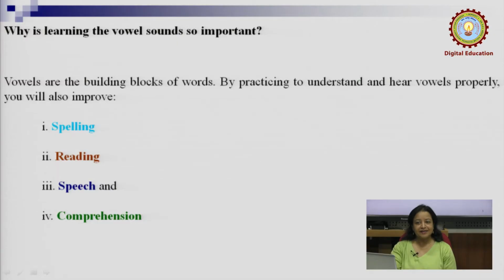Then why is learning the vowel sounds so important? Vowels are the building blocks of words. By practicing to understand and hear vowels properly, you will also improve spellings, reading, speech, and comprehension.